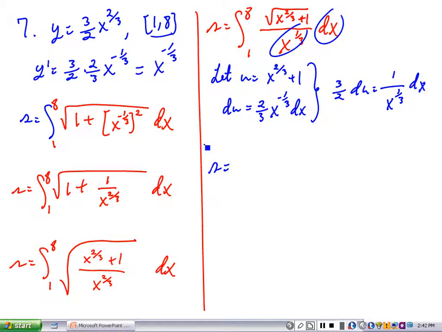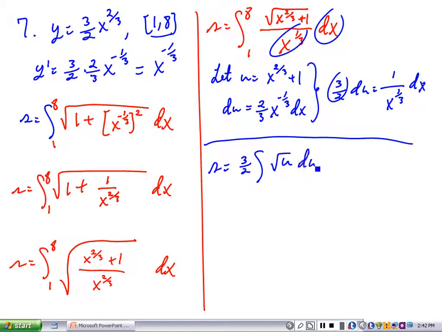So I get s now is equal to, see, I got to use that 3/2. I'm just going to put it out in the front. 3/2 times the integral. This radical here inside is u, so I get the square root of u du.